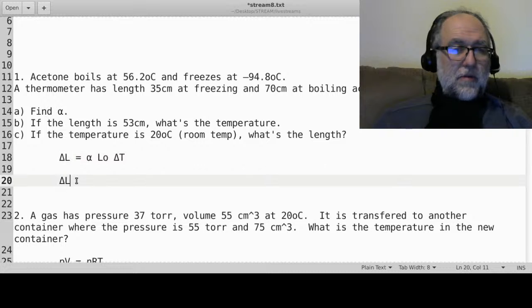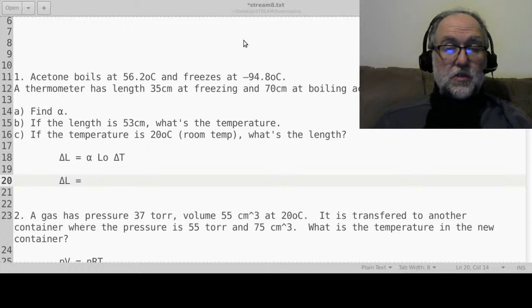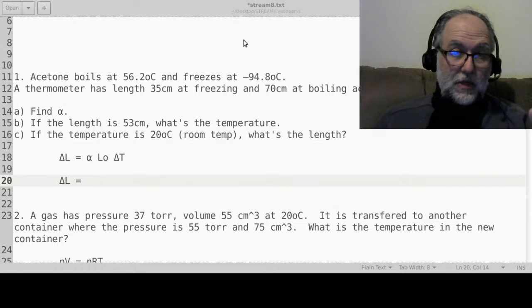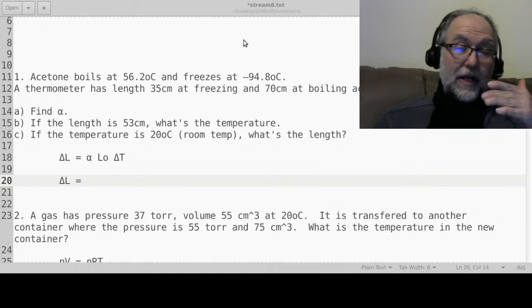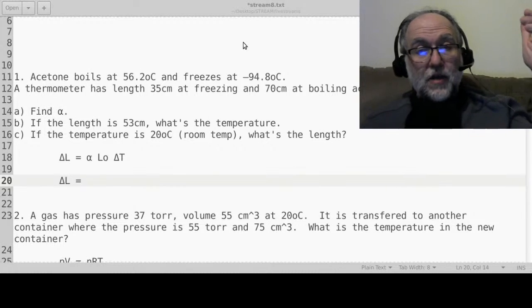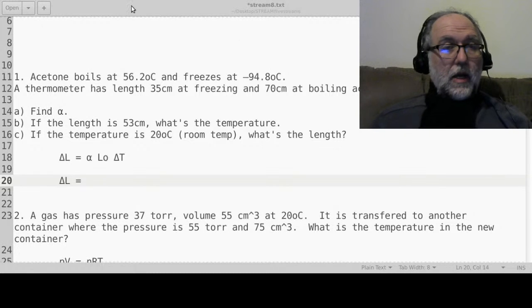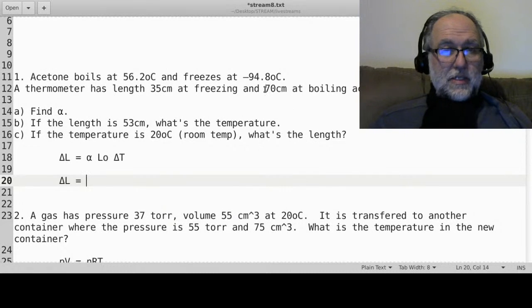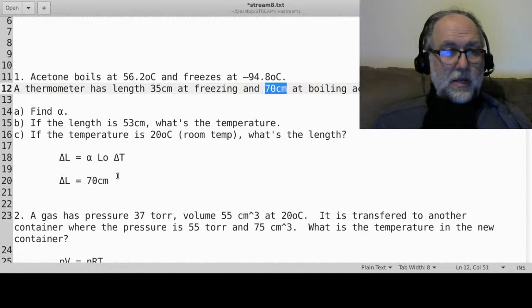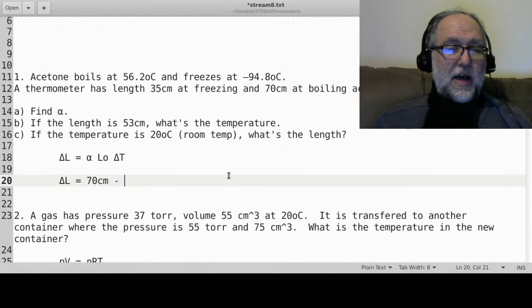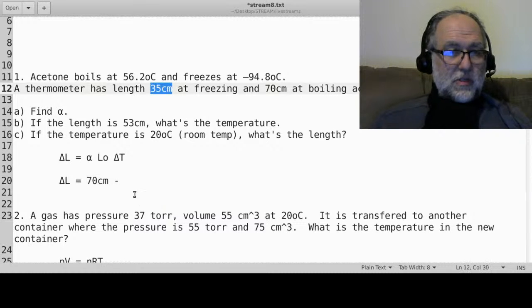Okay, so delta L, whenever you have a delta in physics, what you're basically doing is you're saying the final value minus the initial, or in this case, it's going to be the higher value minus the lower value. Okay, so the higher value is the 70 centimeters, like that. Okay, and the lower value is the 35 centimeters, like that.